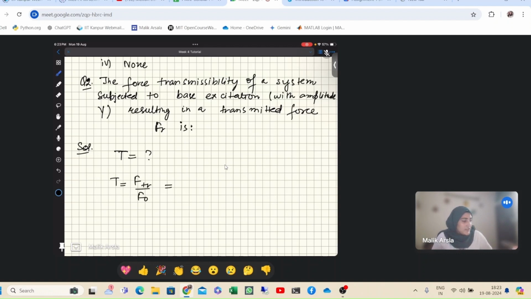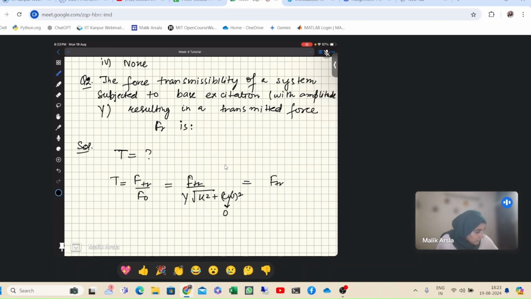F naught in this case, when we have a base excitation, is comparable to y into under root of k square plus c omega square. Now here they have not given any information about damping, so we assume damping to be 0. So it will be FTR upon y into k.